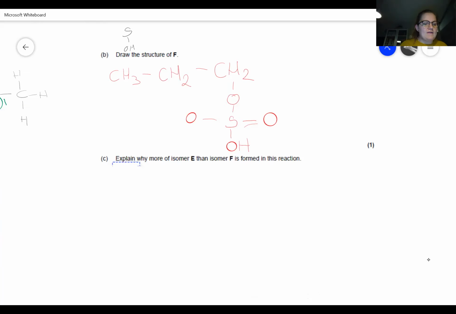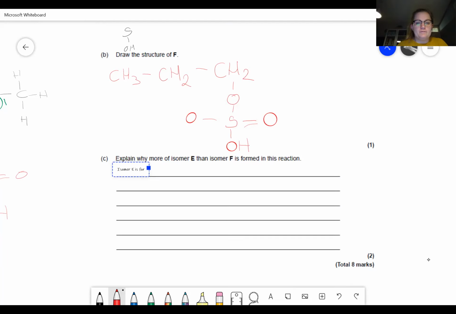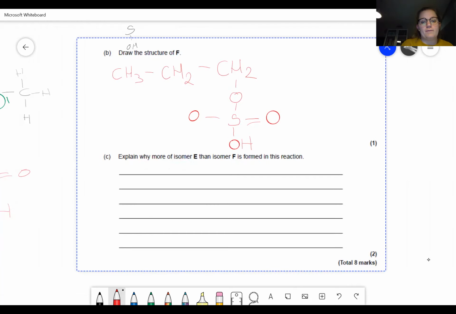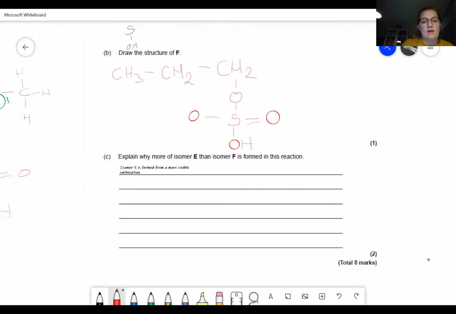So isomer E is formed from a more stable carbocation. So that will be your first mark. So E is formed from a more stable carbocation.